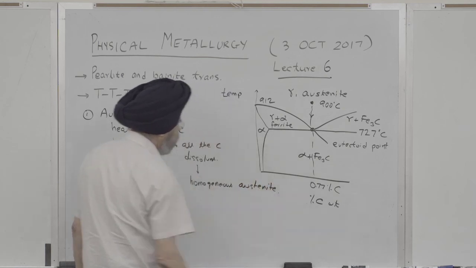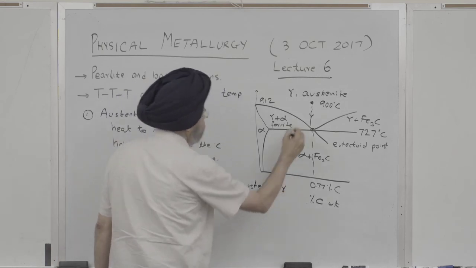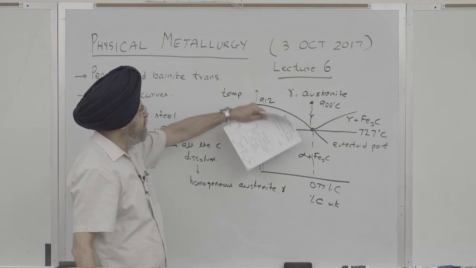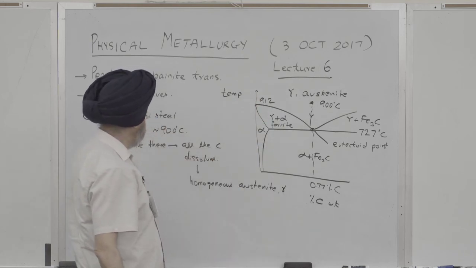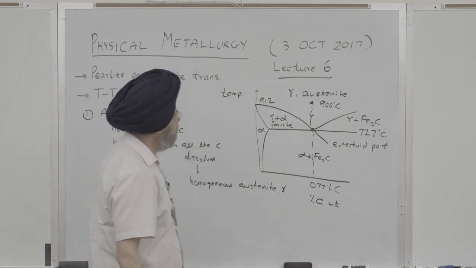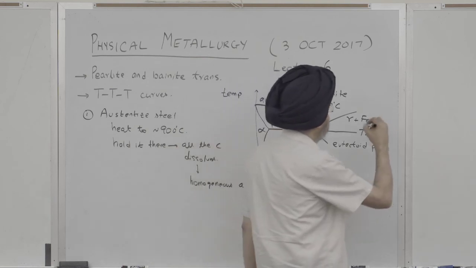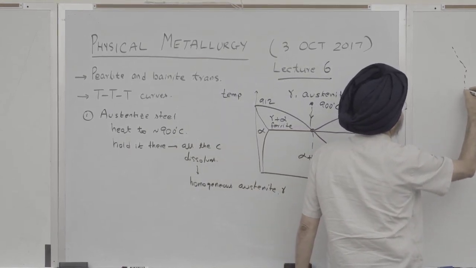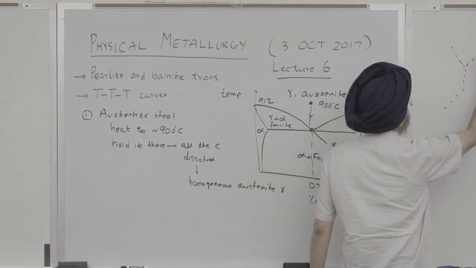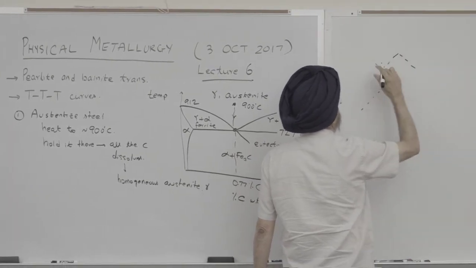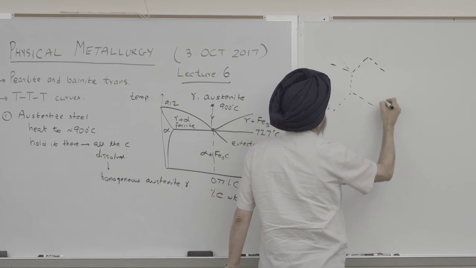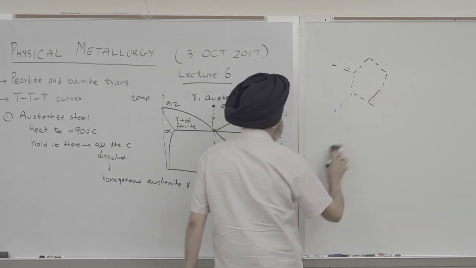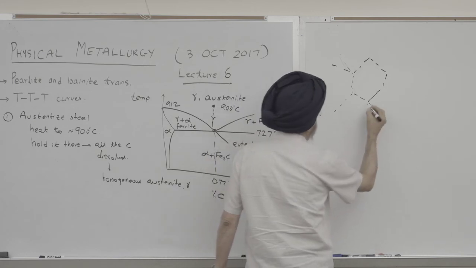So you have homogeneous gamma phase, that's that phase over there. So you have a single phase over there, and this would look like, if I were to draw a cross section at 900, which nobody can do, but it would look like this. I'm drawing the grains, I'm drawing them dotted.